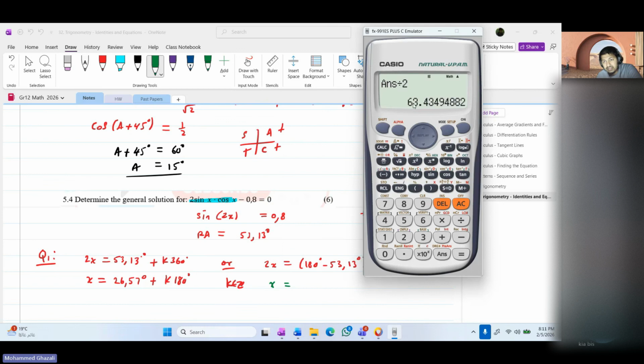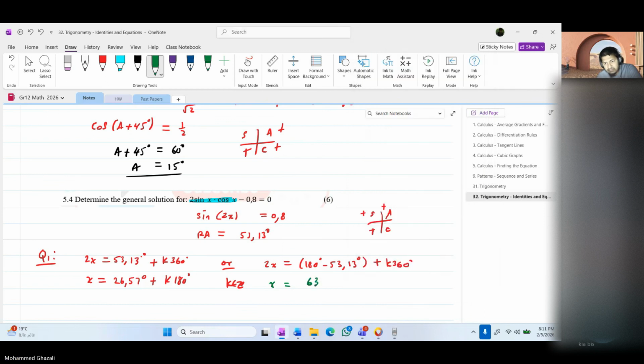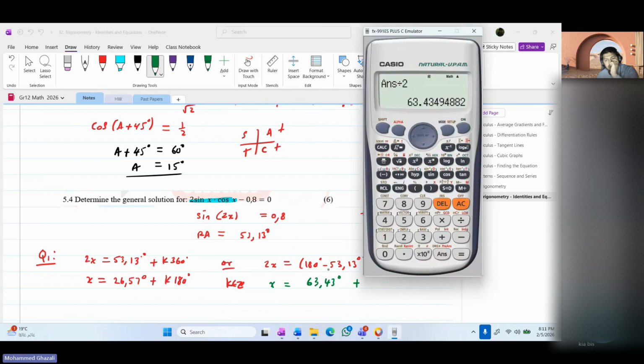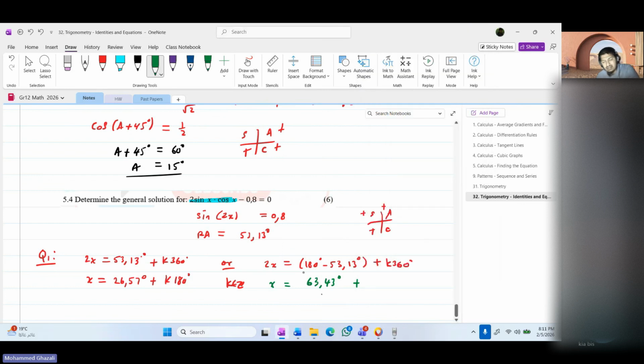If you do all that, you will get 63,43. Let me just double check that. Yes, it looks right: 63,43 plus k180. Those are your two answers.